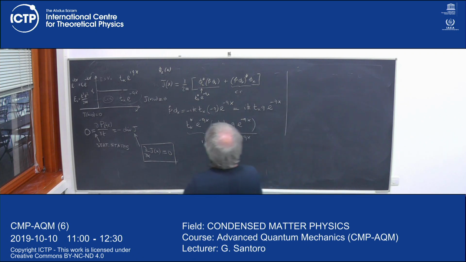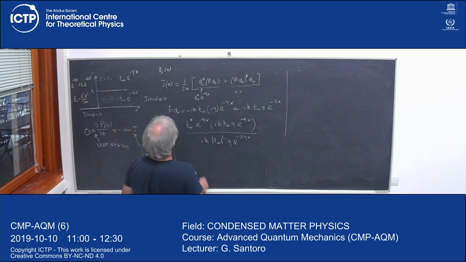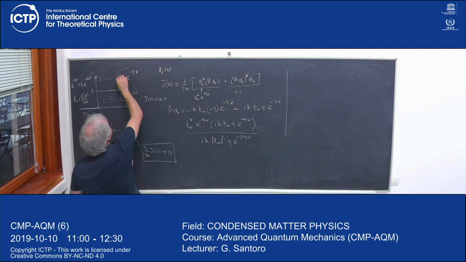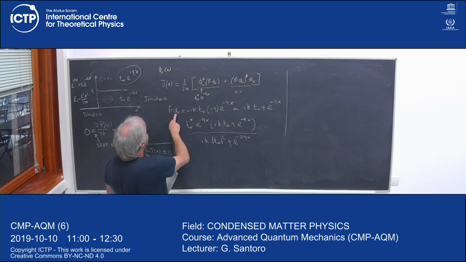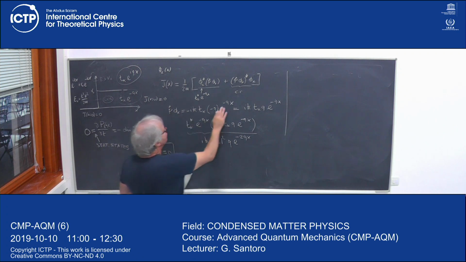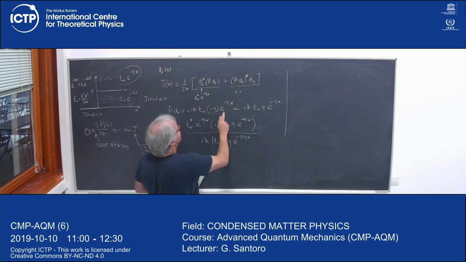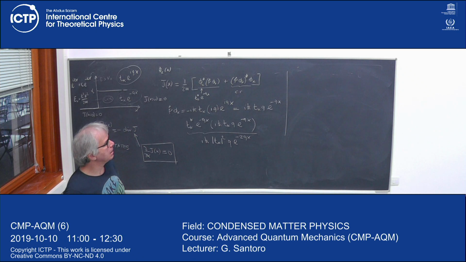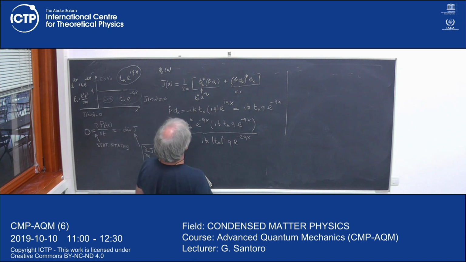Okay? So I do the same calculation, but now I have to remember that my wave function is slightly different. It is this, okay? So when I apply P to phi k, first of all, I have here iq, and second, I have here iq. So let's redo the calculation.